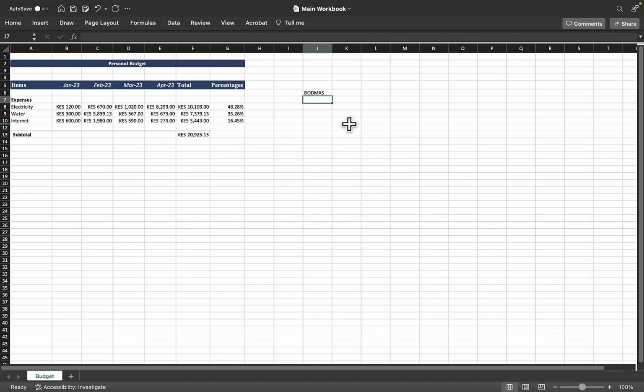B stands for brackets, anything in parentheses, then O is for order, then D is for division, then M is multiplication, then A is addition, and S is subtraction.